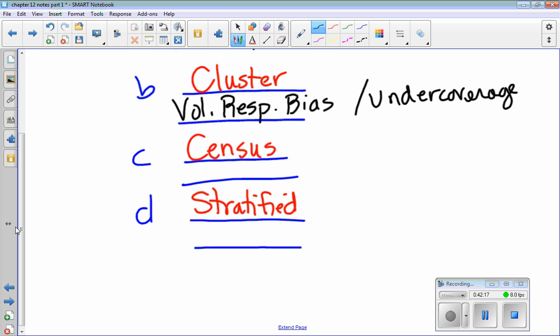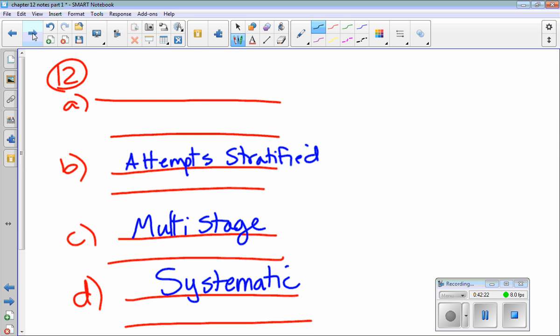Okay? All right, let's look at 12. So in 12, it's very similar. In part A, we have a poll on the TV news, and you're asking people to call in. Voluntary response bias. That's definitely voluntary response. Okay?